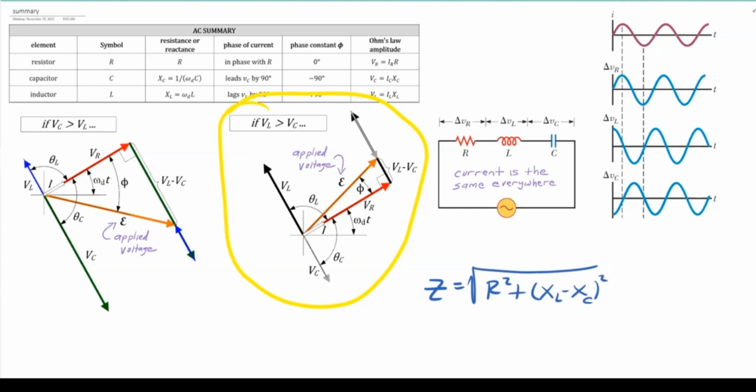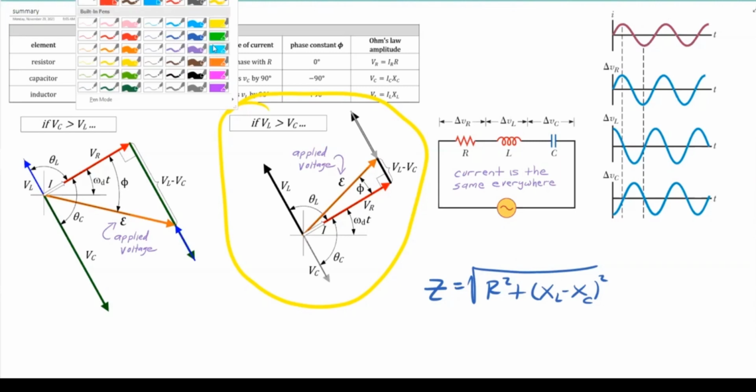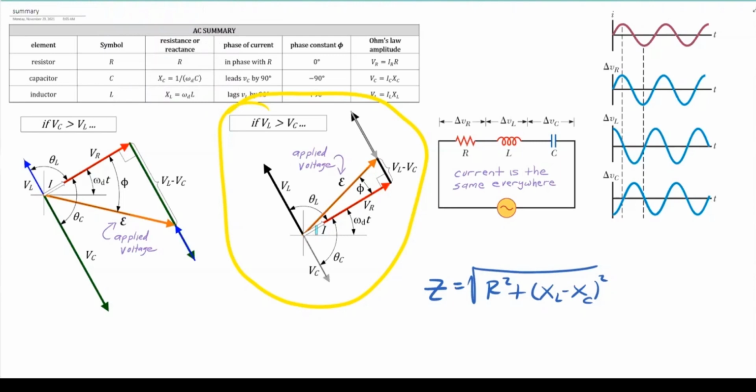To see the birth process of impedance, this is my voltage across the resistor right there. This is my voltage across the inductor. Notice how the inductor voltage is leading the current by 90 degrees. So this is always going to be 90 degrees.